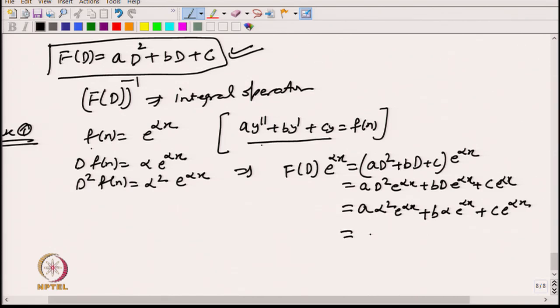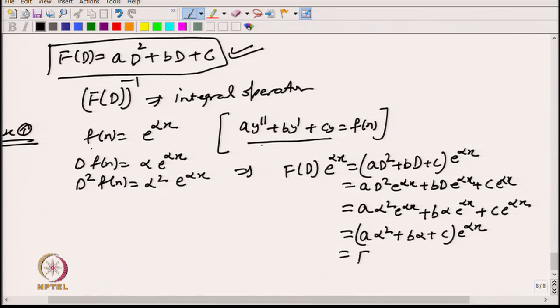So, from here I can take e raised to power alpha x common, and I get a alpha square plus b alpha plus c, times e raised to power alpha x. Now, what is this? It is similar to my F(D) here, the only thing is that instead of D I have alpha.